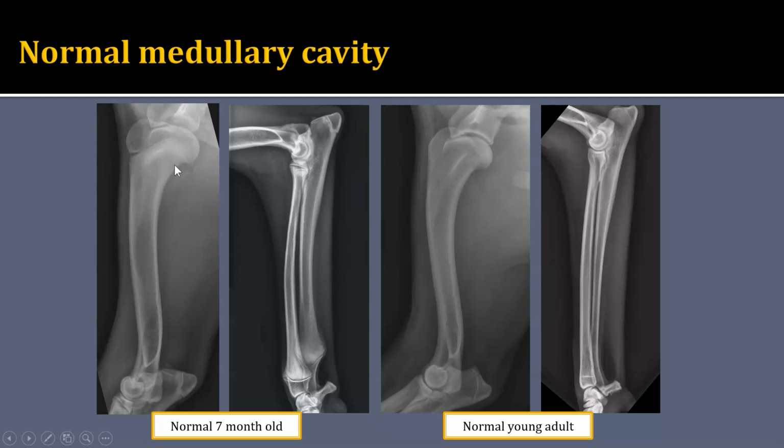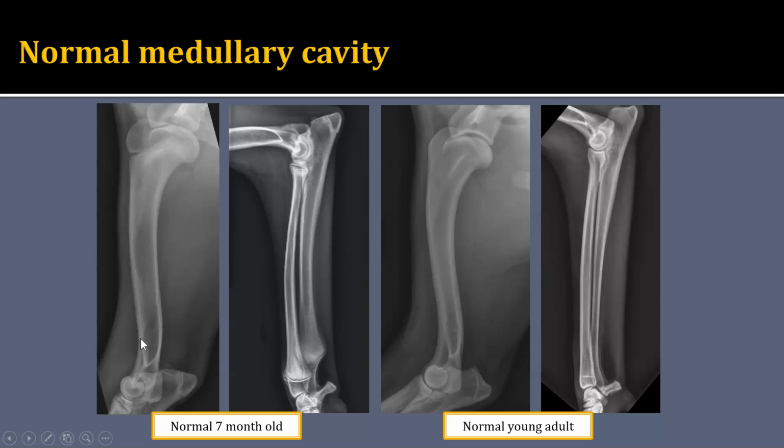It's called the cutback zone. And in fact, sometimes you may even see a little bit of a periosteal reaction associated with that small zone of metaphyseal increased bone opacity. And then the medullary cavity should be fairly uniform in its lucency, with good distinction between the endosteal side of the cortex and the medullary cavity.